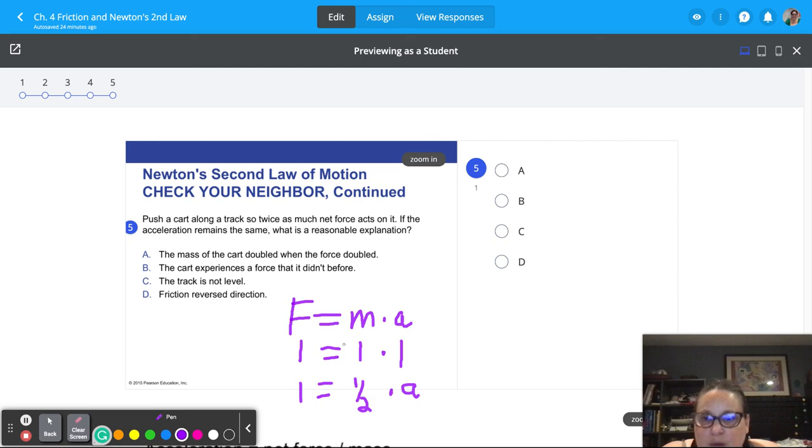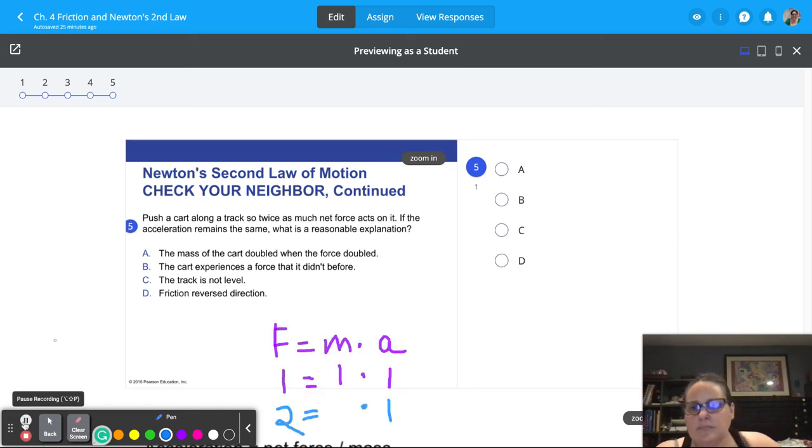Last question. Push a cart along a track so twice as much net force acts on it. If the acceleration remains the same, what is a reasonable explanation?